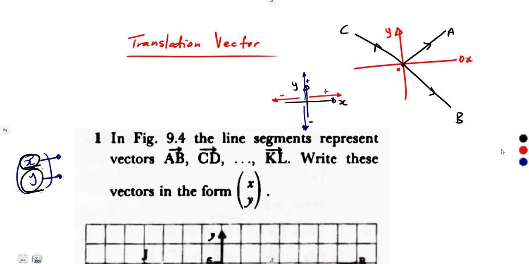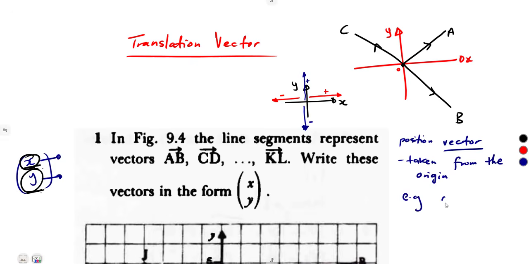Those vectors are given a special name, which is referred to as the position vector. A position vector is always taken from what? From the origin.